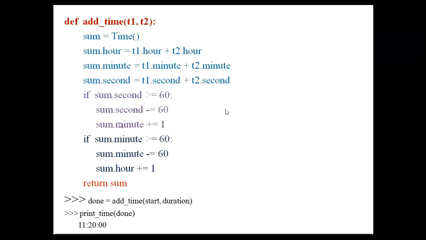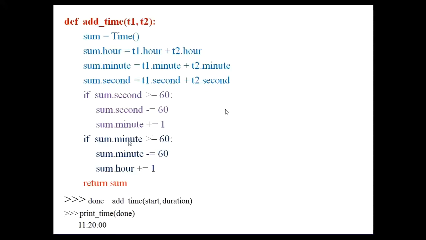So this is the improved solution. In the improved solution, if the second value is greater than or equal to 60, then 60 will be subtracted from the second attribute, and after that one will be added to the minute attribute of the sum object.